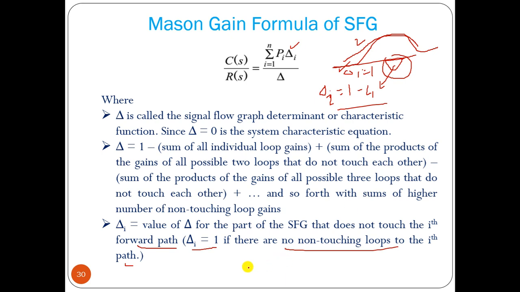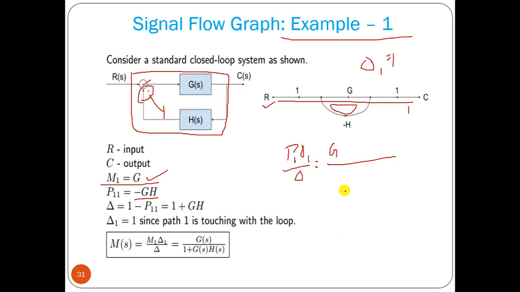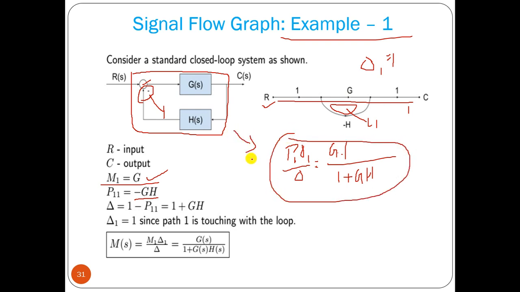That is the logic: delta I equals 1 if there are no non-touching loops to the ith forward path. So it will be G into 1 divided by delta. Delta equals 1 minus this loop gain, whose gain is minus GH, so minus into minus becomes plus GH. So the formula is G divided by 1 plus GH, that is for the negative feedback.